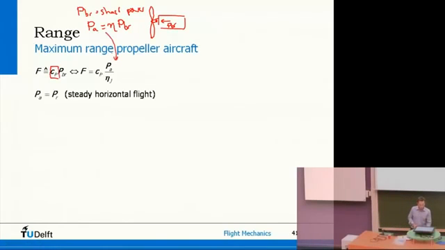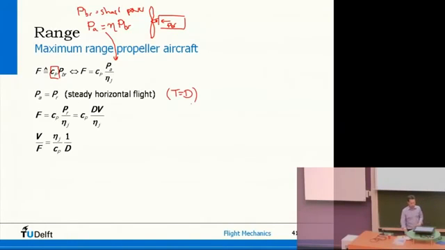Now, in this steady horizontal flight, we're trying to fly as far as we can. So thrust is equal to drag, or power available is equal to power required. We can say, okay, we have power available in the equation, so we can also say that's power required, because they must be the same. So that's aerodynamic drag multiplied with airspeed.